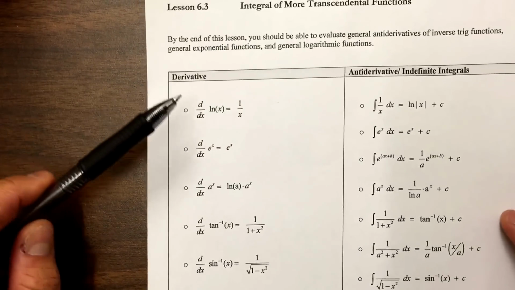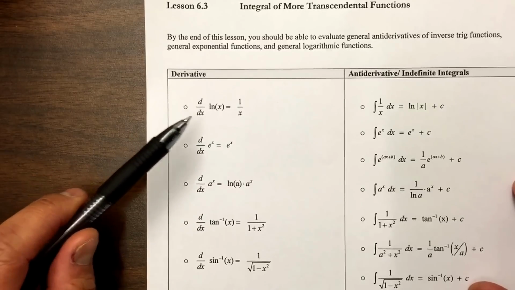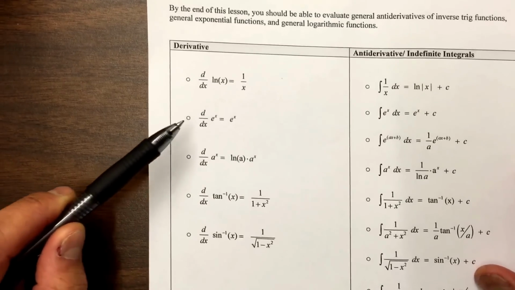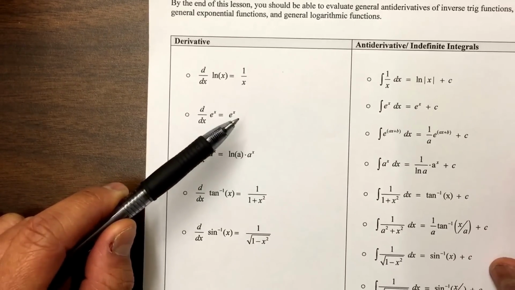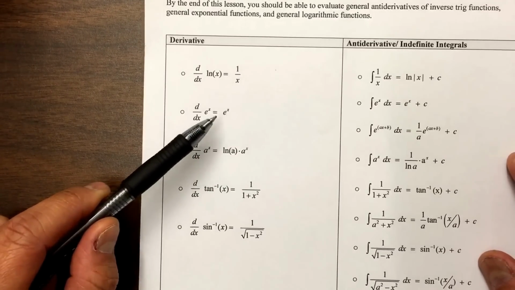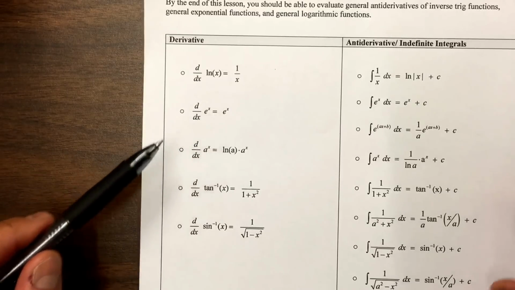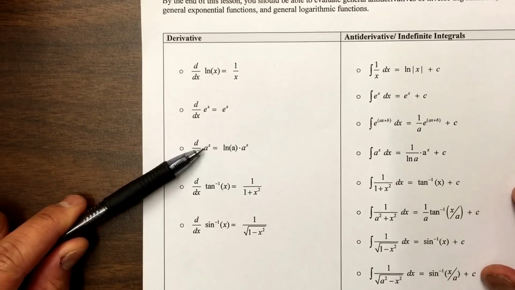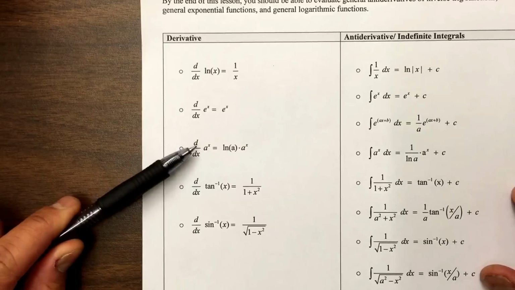So first of all, remember that the derivative of ln x is 1 over x. The derivative of e to the x is e to the x. That's a special function whose derivative is itself. Now this is a general exponential function.